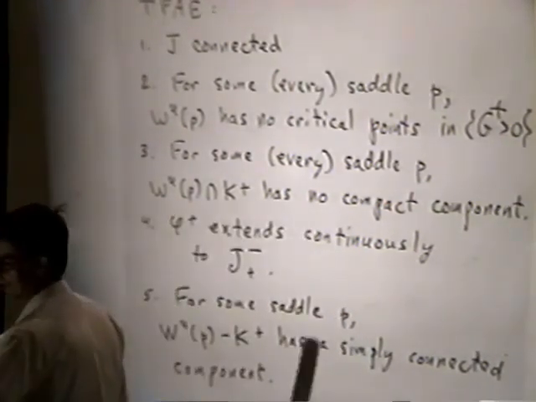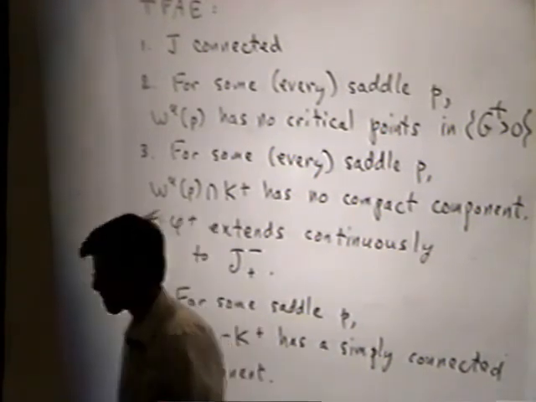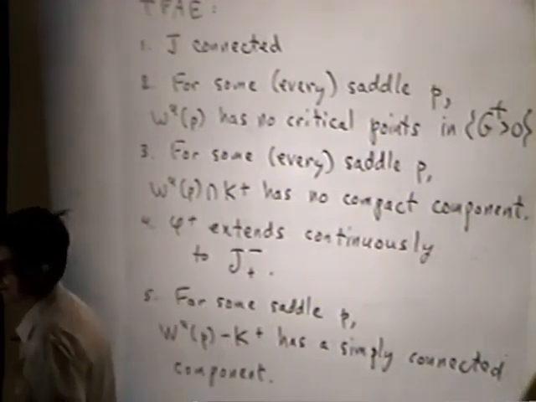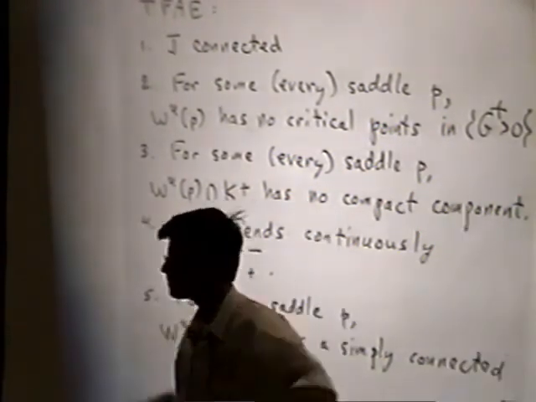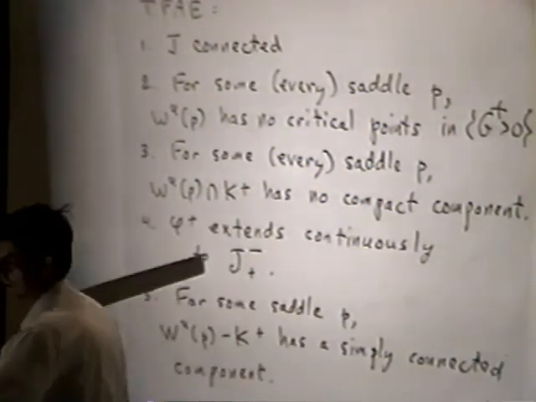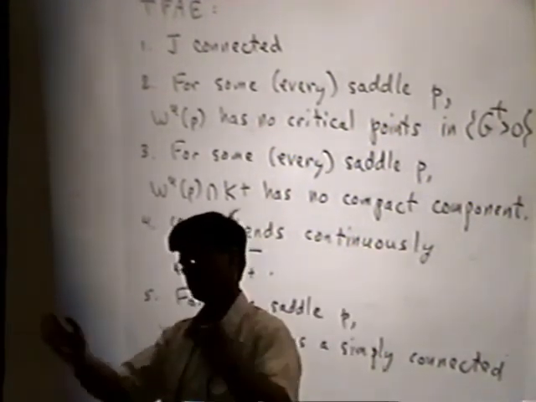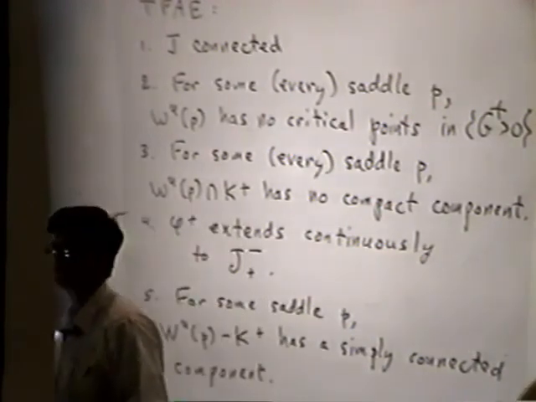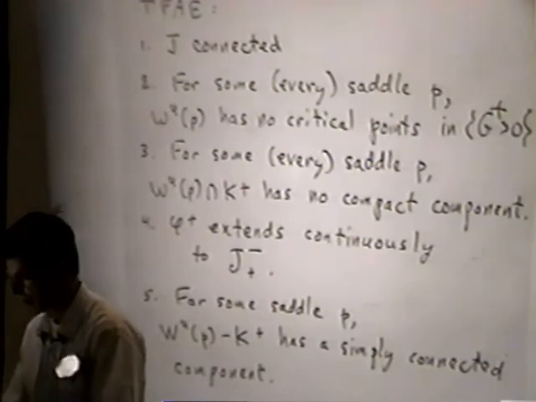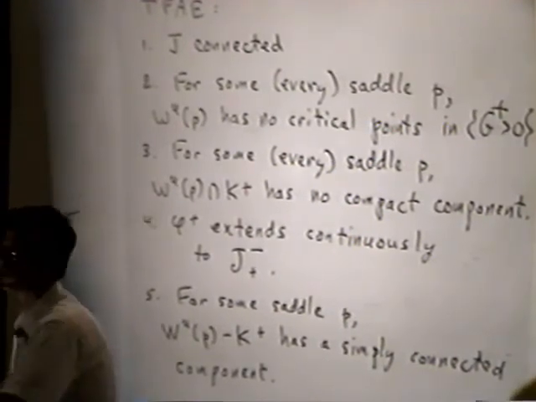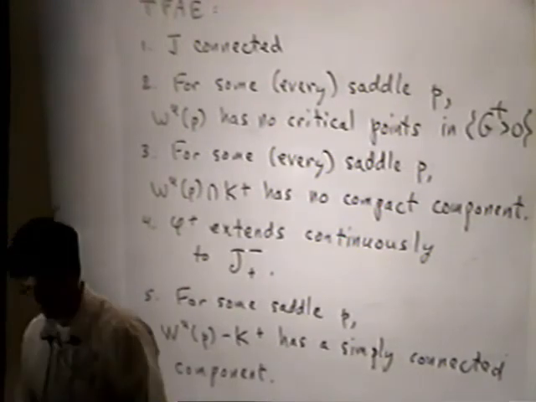This just says there's some saddle point, and one of these components is simply connected. It's equivalent. And the last thing is we had this function phi plus that was defined out near infinity, and the condition is that it can extend continuously throughout J minus plus. In some sense this is like a monodromy problem for analytic continuation of phi plus on J minus plus.